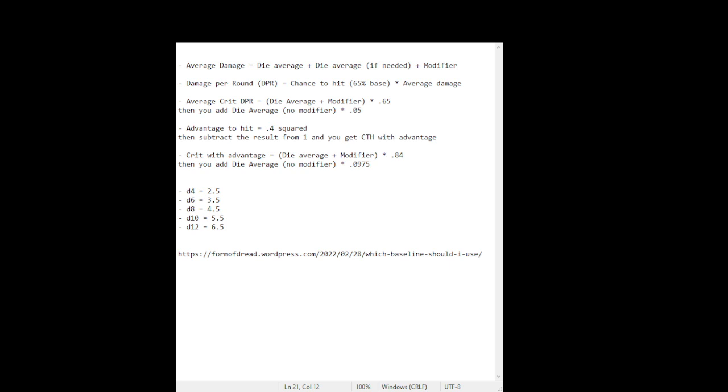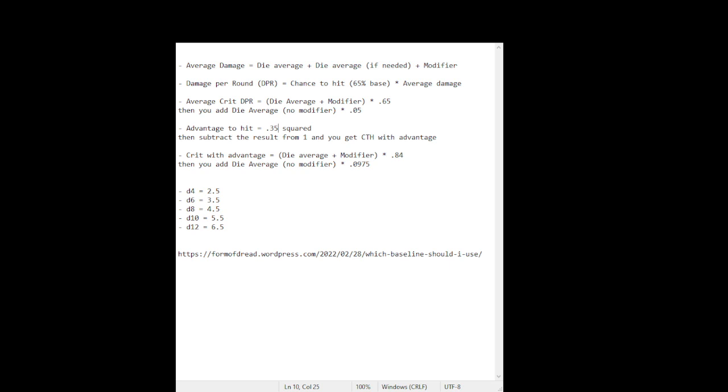So your average chance to hit is 0.65. So your advantage chance to hit is 0.4 squared. Or sorry, this would be 0.35 squared. That is back before, when I used 60%, not 65% chance. So basically, take your average chance to hit of 65, and then subtract it from 1, and you get your chance to miss.